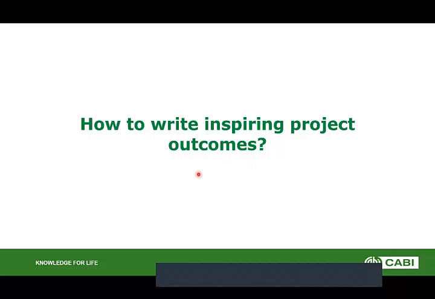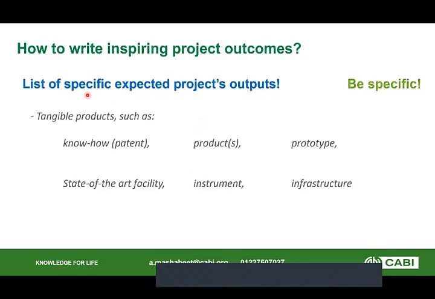Let's talk a little bit more about that. When you write the project outcomes, you have to be very specific. You need to list specific expected project outcomes with specific items.